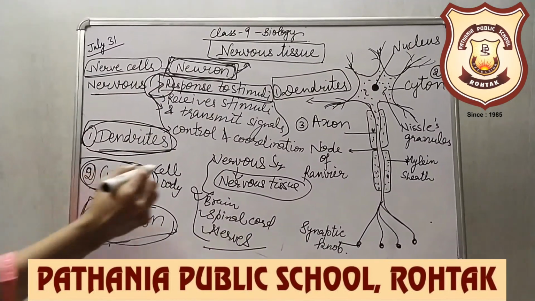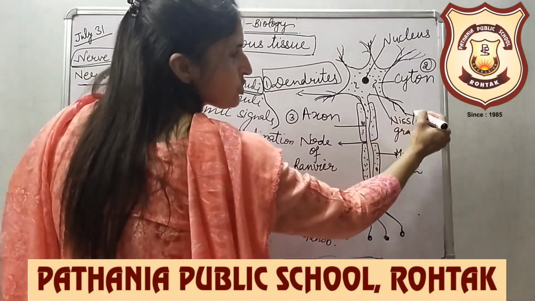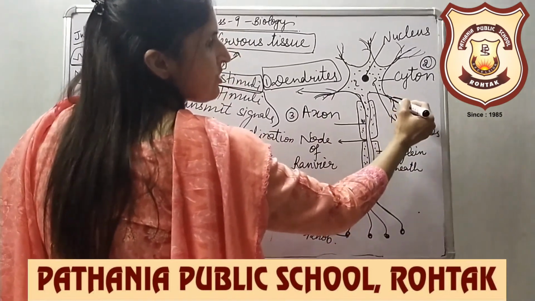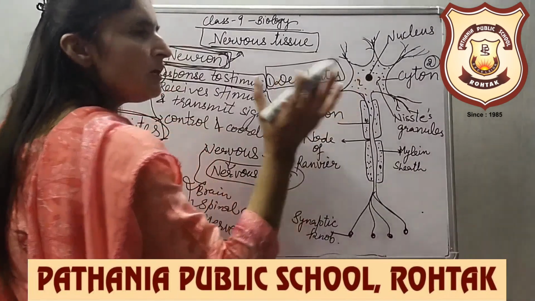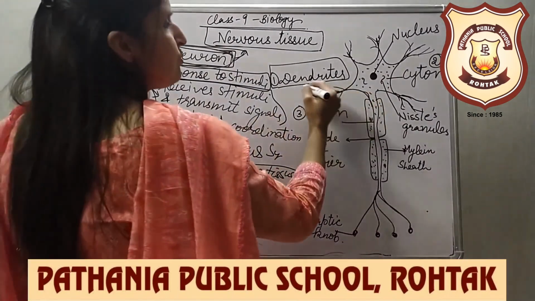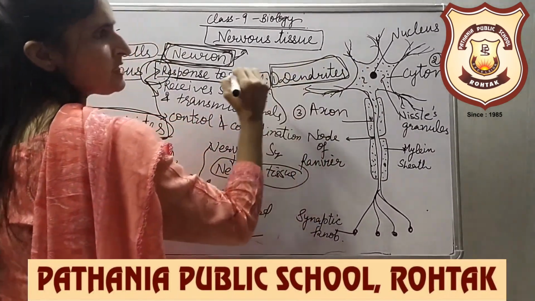Look here at the diagram. These short thread-like strands which receive the stimulus are known as dendrites.